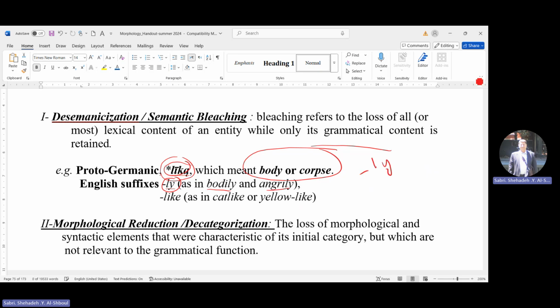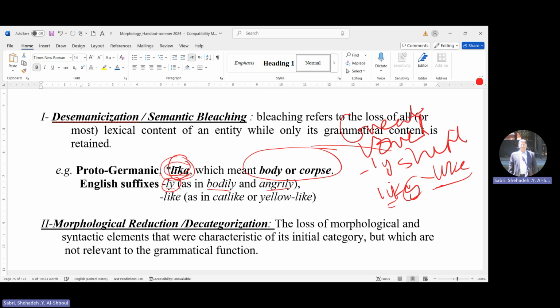So we have the first projection of grammaticalization with li, and also we have like, right? So lik here becomes like with the final consonant deletion and diphthongization of e into i, maybe as a result of the so-called Great Vowel Shift, where e becomes i, and it causes the final consonant to delete.